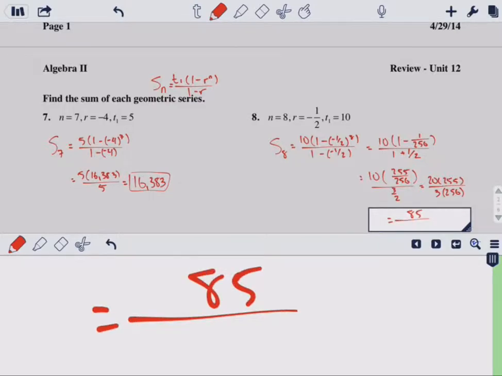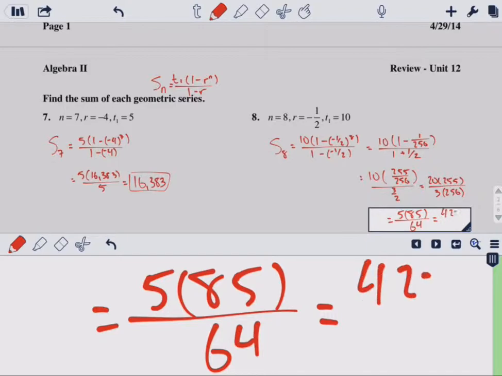And then the 20 and the 256. 256 is divisible by 4, I believe, 64 times. And 20 is divisible by 4 5 times. And I believe that's as far as they go. So 5 times 85 is 425 over 64.